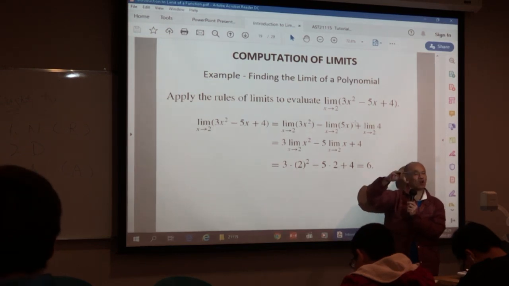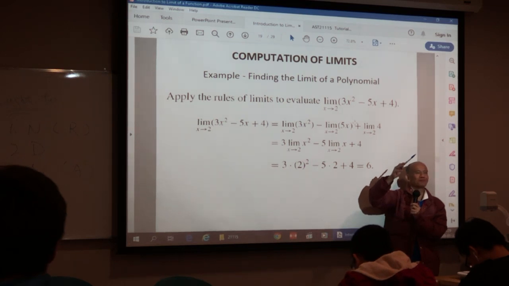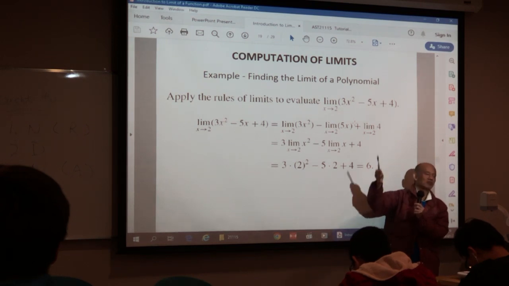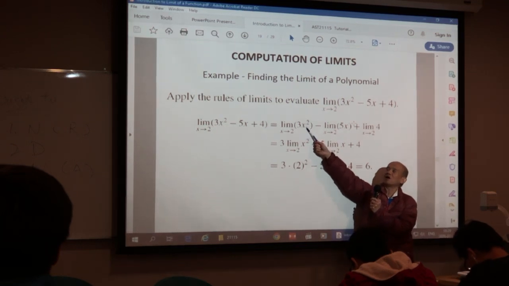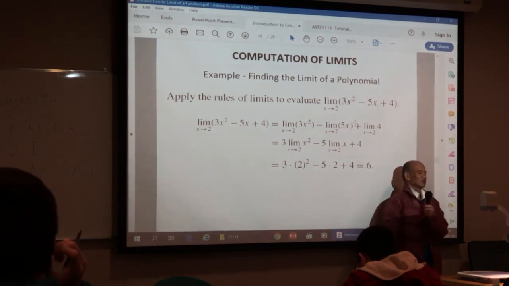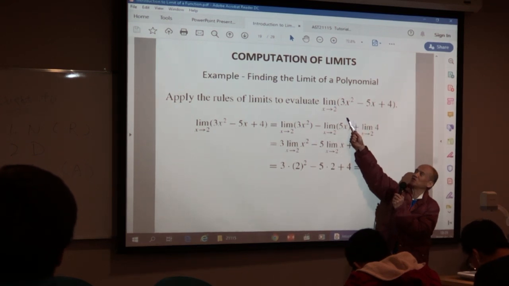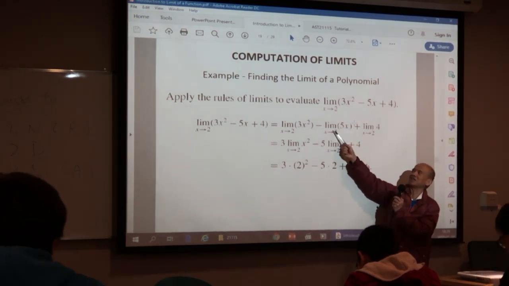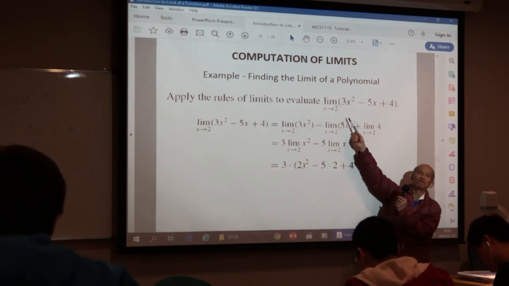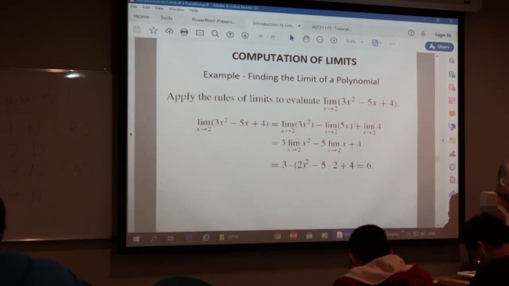You break it down into terms connected by addition or subtraction, then take out the coefficients as scalar multiples, and for power factors, treat them as products. Therefore, determining the limit of a polynomial is as if you are working out the functional value. Very simple for a polynomial.